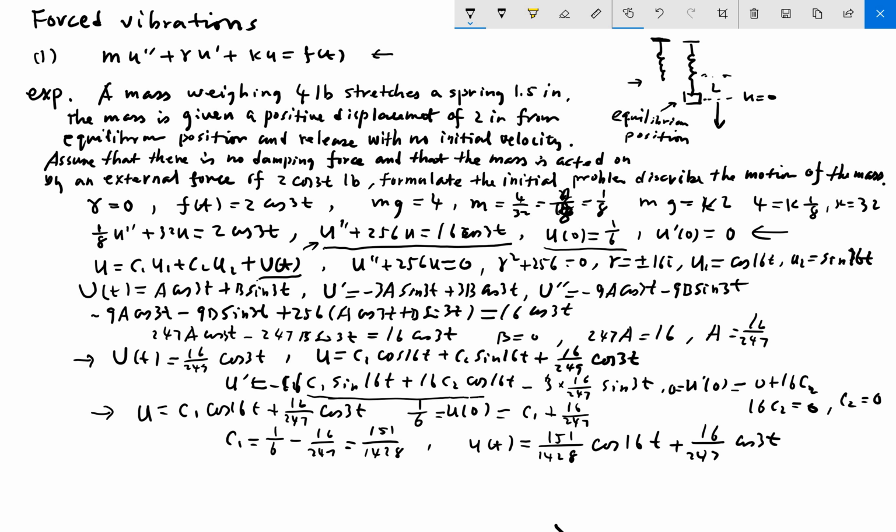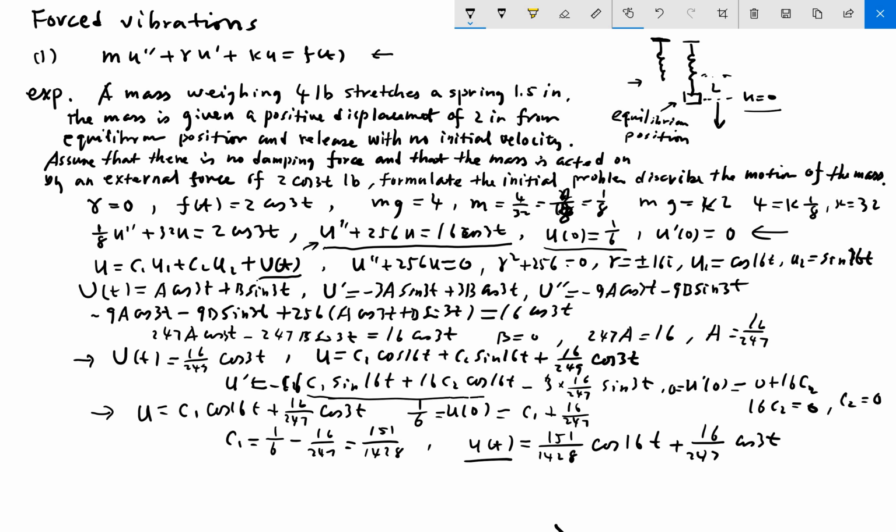This u here gives you displacement. If you give me time, I can tell you that u value would tell you where the block is. If u is negative, that means the block is above the equilibrium position, which is u equal to 0. If u is positive, that means the block is below the equilibrium position.